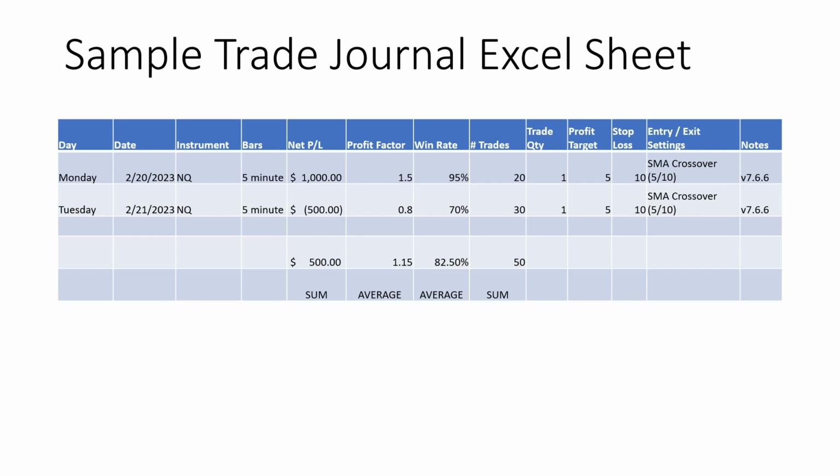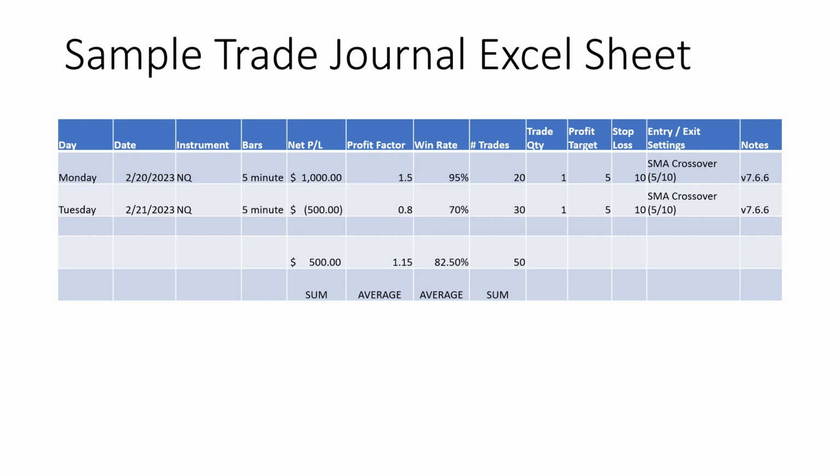You have the day, the date, the instrument, the bar type used, the net profit and loss, the profit factor, win rate, number of trades, trade quantity. That's your settings: your profit target, your stop loss settings.